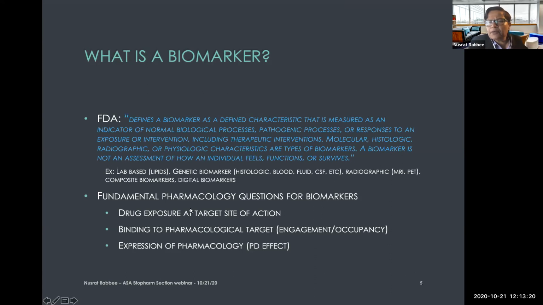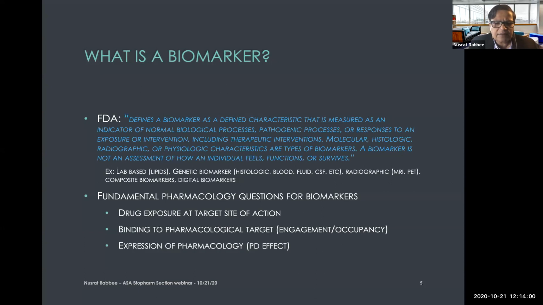Let's talk about some of the fundamental pharmacology, how it starts, preclinical and also in the early human trials. We're interested in the pharmacological questions that have to be answered. These were some of the original uses of biomarkers, right? Drug exposure, for example, drug exposure at the target, and then target engagement, target occupancy: how long and how much of a target protein must be engaged by the drug.